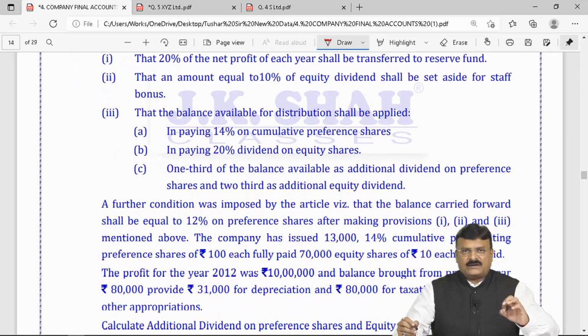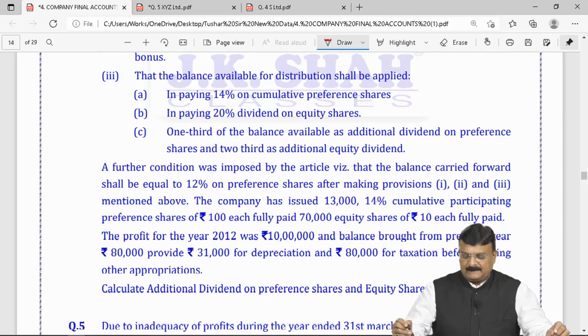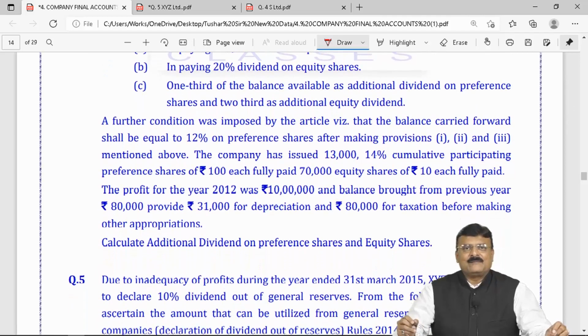It means whatever you pay to equity holders as dividend, 10% of that should go to staff as bonus. Balance available for distribution shall be applied in paying 14% on cumulative preference dividend, paying 20% dividend on equity shares, and 1/3 of the balance available as additional dividend on preference shares, that is, participating preference shares.